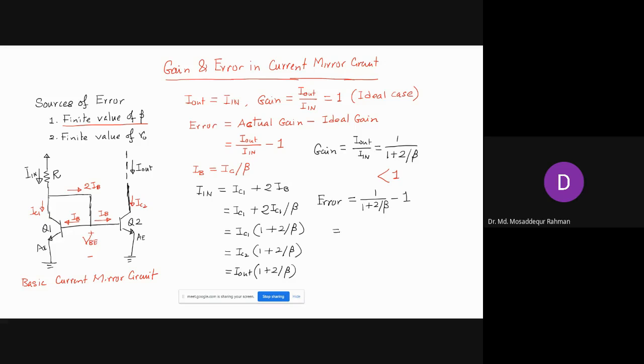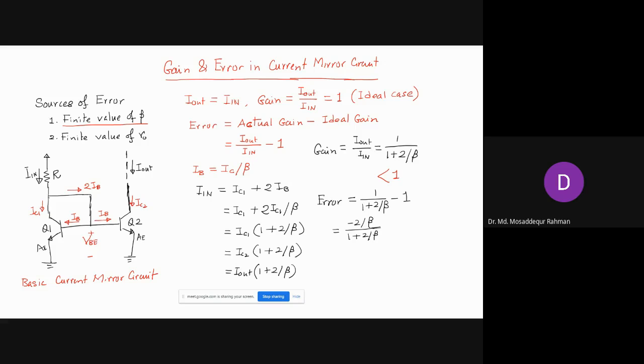And if we do the math, so what we get is 1 plus 2 by beta in the denominator, and here we have -2 by beta. So that will be our error in this circuit.